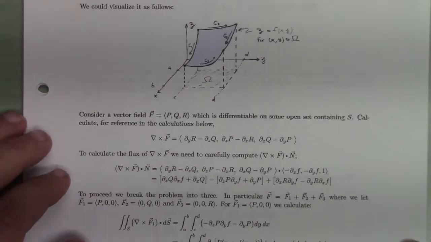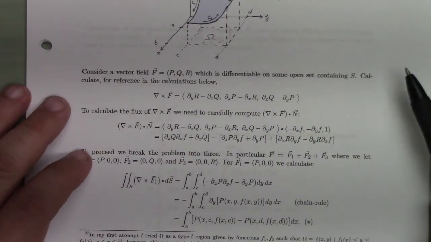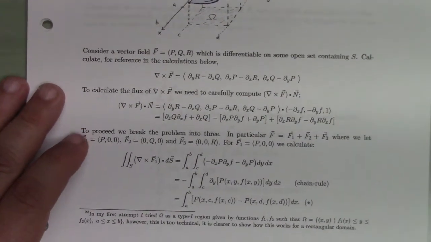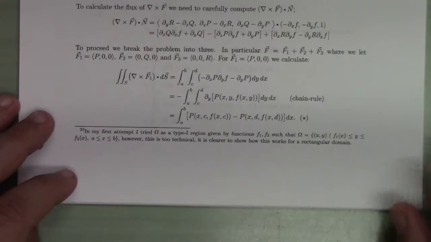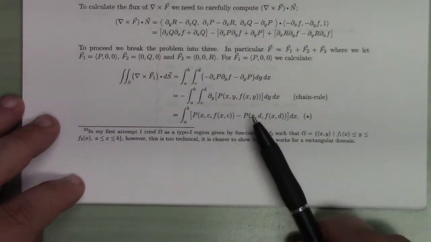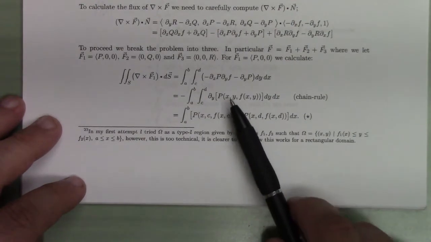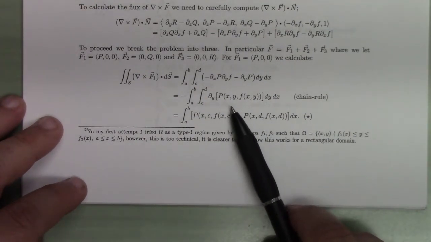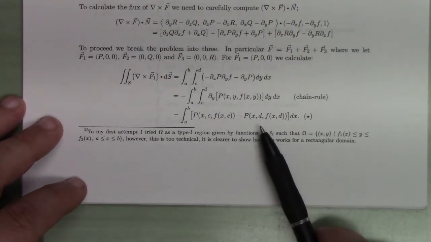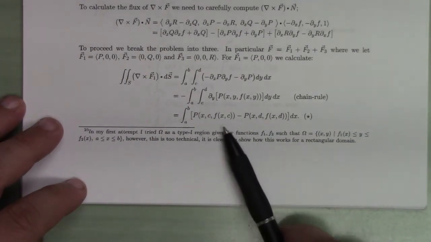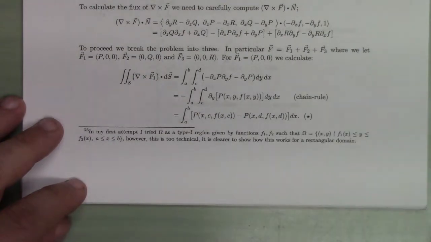And then when you sort through the details of evaluating the curl at those edges, you end up with basically an application of the fundamental theorem of calculus, or the net change theorem, if you like, in reverse. And then once you've done that, you can look at it and go, whoa, that's a line integral of p over the appropriate edge. And then you put it all together, and that's essentially Stokes' theorem.